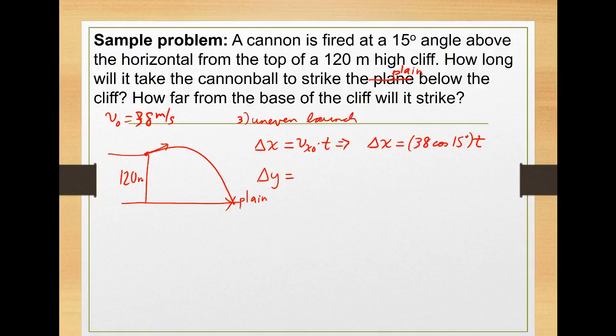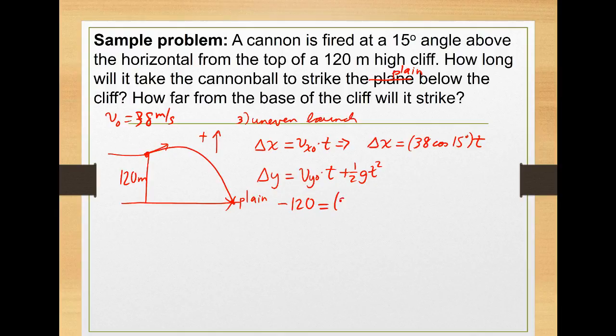So this cliff is 120 meters tall, and delta y is Vy initial t plus 1/2 gt squared. We can plug in what we know. Now we have to think carefully about this. If the cannonball starts on top of the cliff and ends at the ground, what is its delta y? Well, if we say that upwards is positive, it has decreased 120. So negative 120 is its delta y.